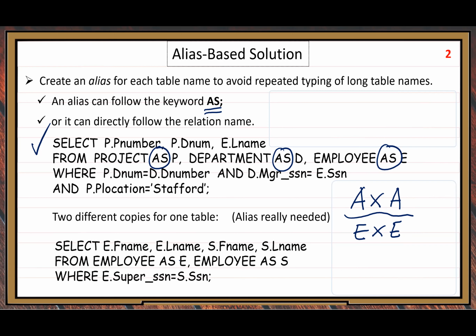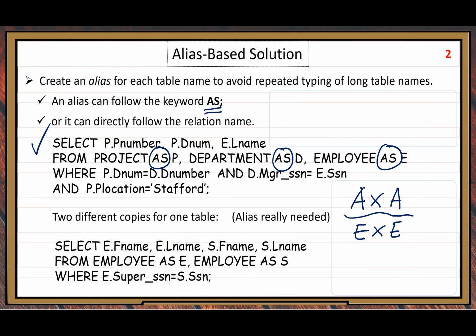And how do we specify the join condition? Super_SSN equals S.SSN. In the employee's copy, we look at the supervisor_SSN. That should be the same as the SSN in the supervisor's copy.